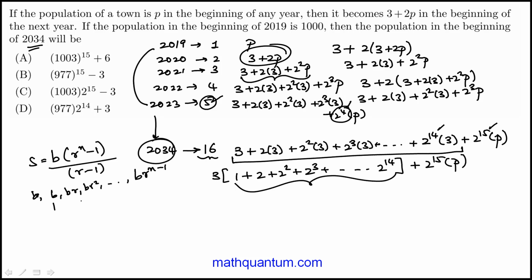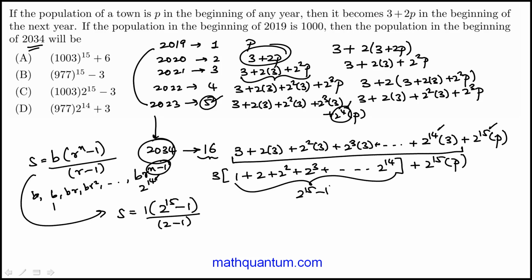So if you look at the parallels, here b is 1, r is 2, and n minus 1 is 14, which means n would be 15, and then the denominator would be 2 minus 1. So that sum is simply 2 to the 15 minus 1.